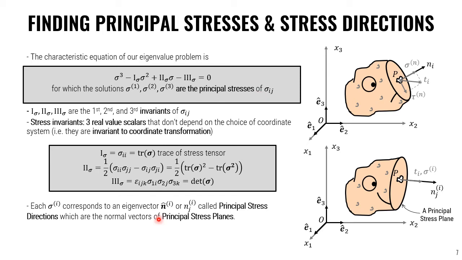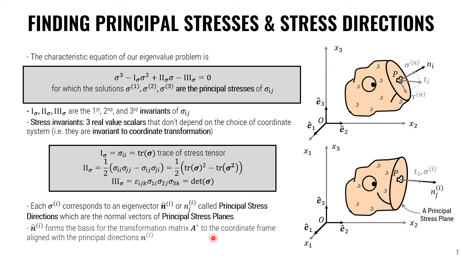having the principal stresses, we can solve the eigenvalue problem for three principal stress directions, three vectors for n. These directors are normals to principal stress planes.